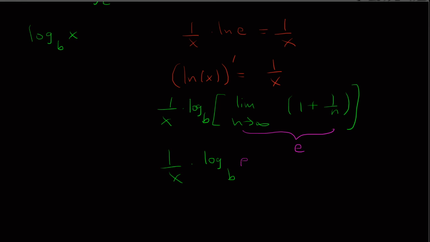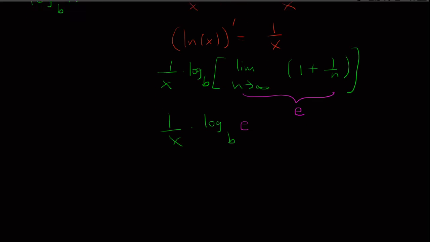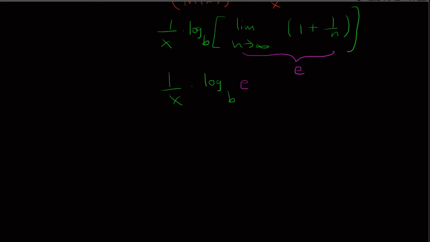So we can write that as log base b of e. Now we can use the change of base formula. If we're given log base a of b, we can rewrite it with a new base c as log base c of b over log base c of a.